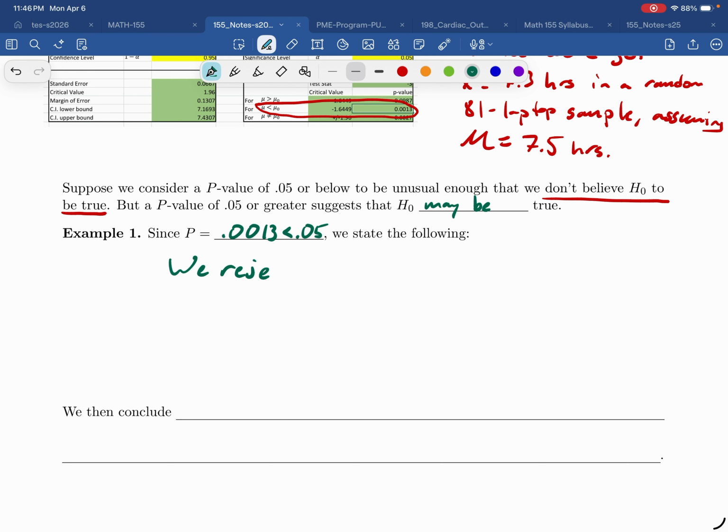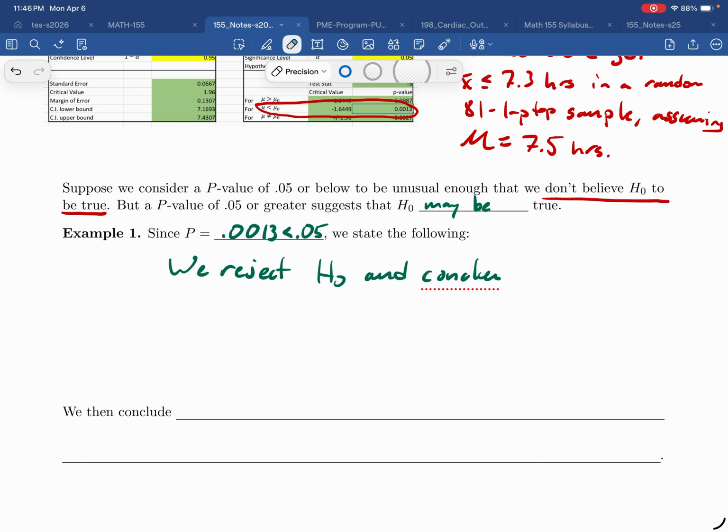We reject the null hypothesis and conclude, I'll save the conclusion for the space below.